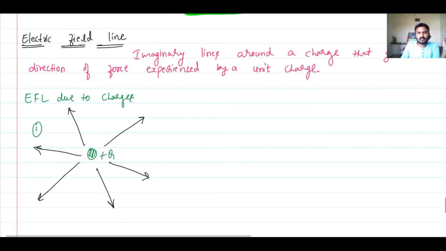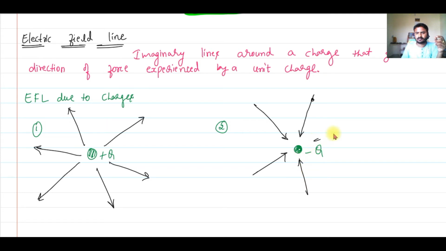And now let's take a negative charge. Now I have a charge which is minus q. Around this negative charge, if you keep 1 unit positive charge anywhere, it will always get attracted. So that means the direction of the force experienced by a unit positive charge around this will be radially inwards. So that is the direction of the electric field line. The electric field lines will be drawn like this.